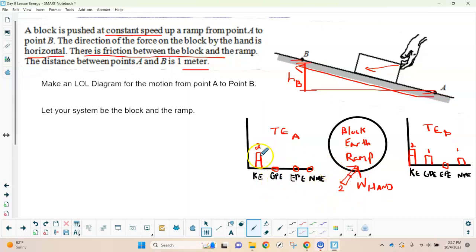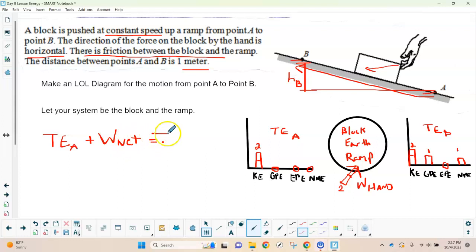And again, this is where you come up with your relationship. So the total energy at point A plus whatever work is external, the net work, the energy that goes in or out, that's the work.